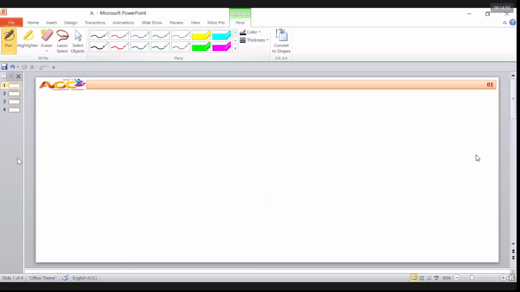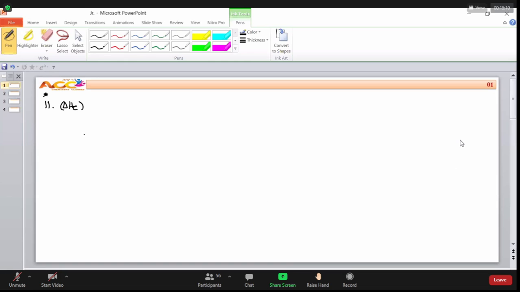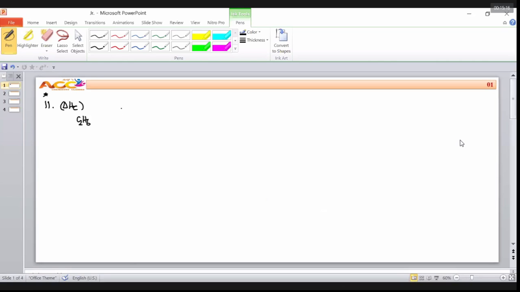Enthalpy of combustion of ethane. Make a star on this question. Enthalpy of combustion of ethane and ethyne are minus 341.1 and minus 310 kilocalories respectively.